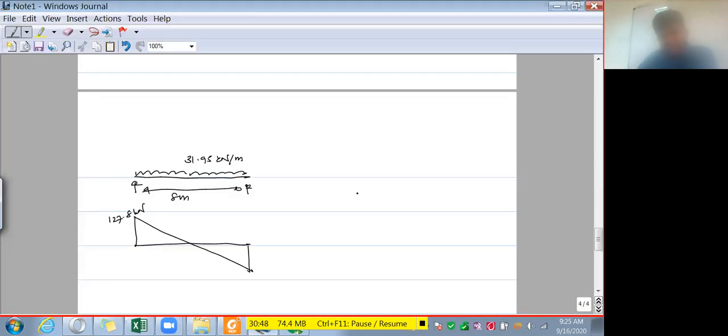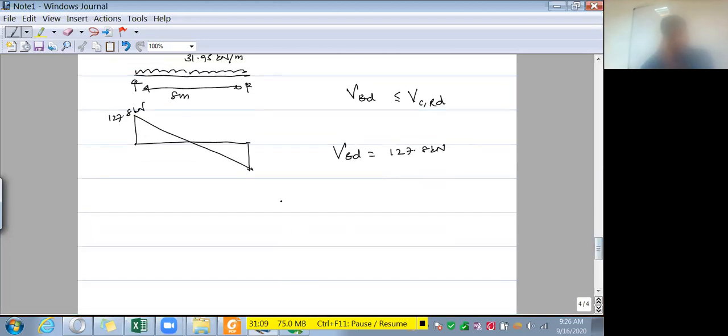So what is VEd? That is the critical shear force, 127.8 kilonewton. So VcRd should be greater than or equal to 127 kilonewton.